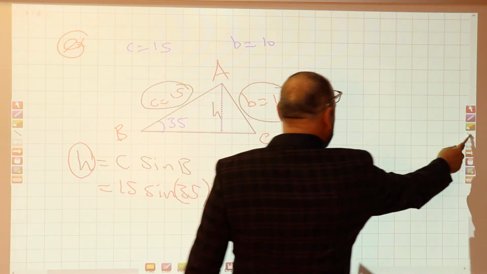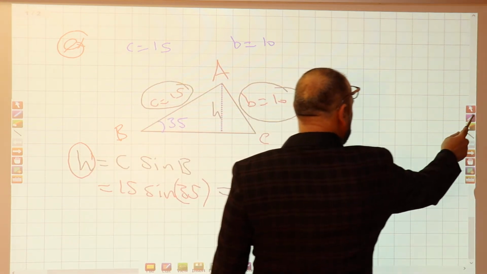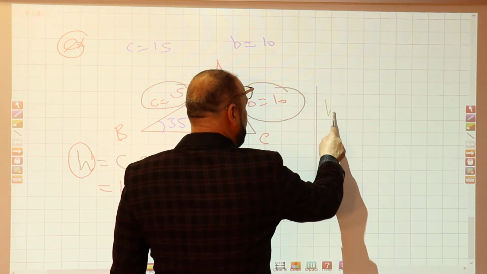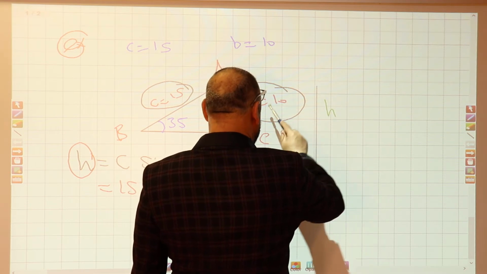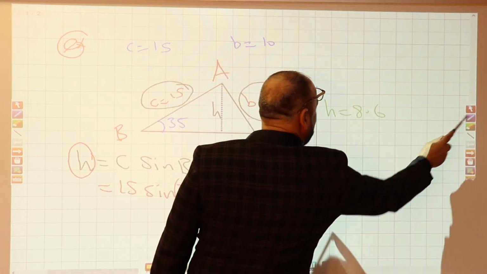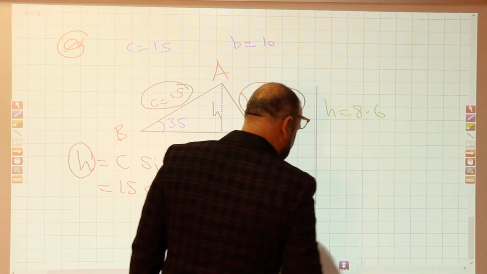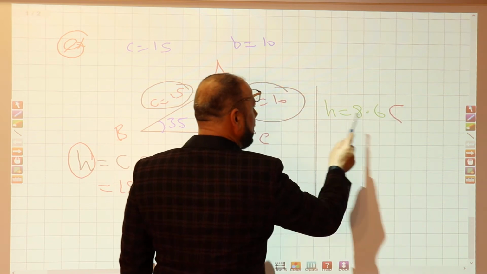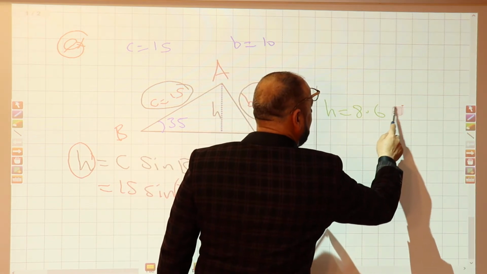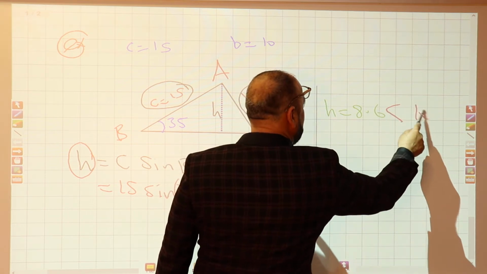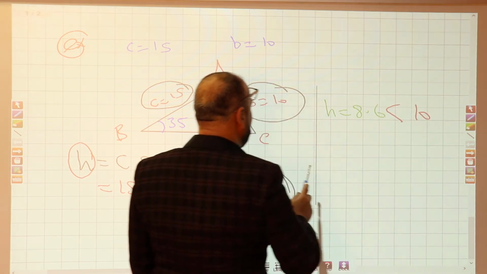Now the rules. H is equal to 8.6, which is less than 10, which is the third side.